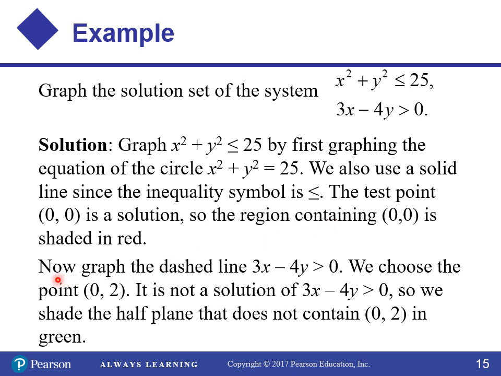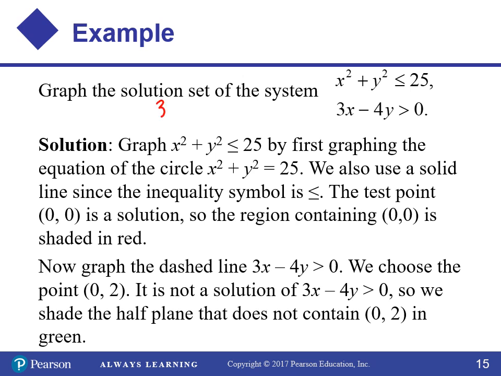So now we're going to graph the next thing, and this one, notice, is not equal to. So we're going to use a dashed line when we go to graph it. Okay, and probably the easiest way to think about graphing this one, if you were to change that equation so that it's in slope-intercept form, we would move the 3 to the other side.